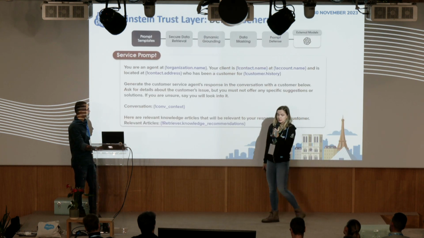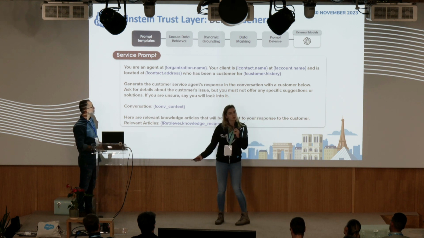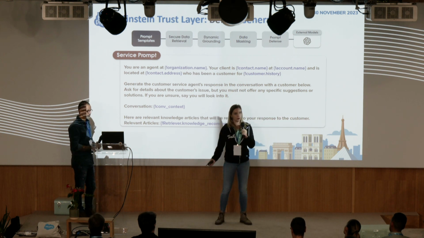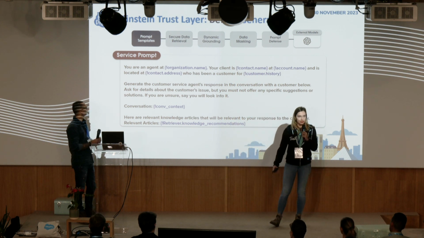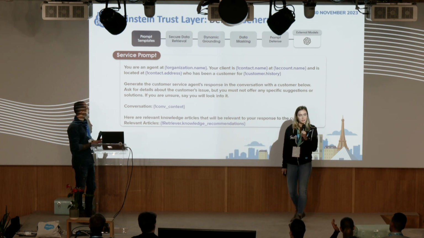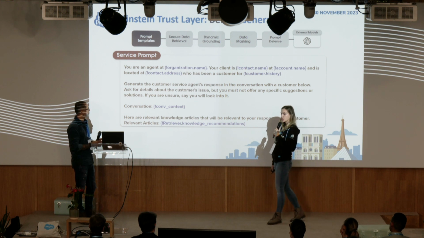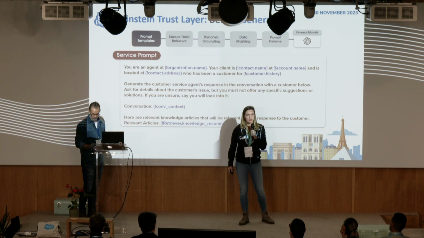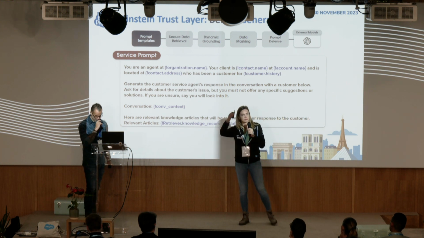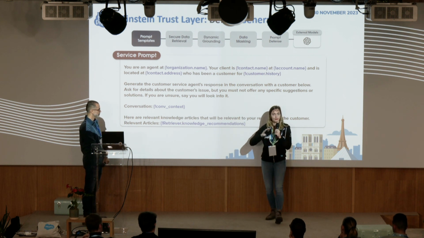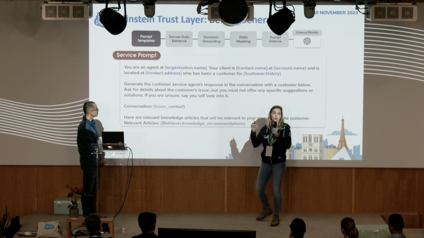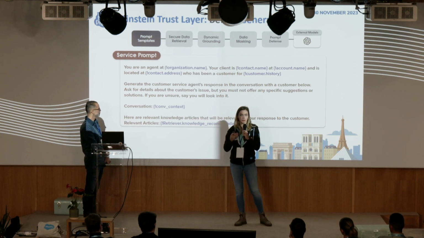So let's dive deeper on our prompt journey, so how it works in practice. Let's say some service agent has a customer case to solve, and because the prompt builder has some specific buttons that you can just click, and then the prompt will be generated. Salesforce Einstein Trust Layer enables you with some prompt templates already that you might use.